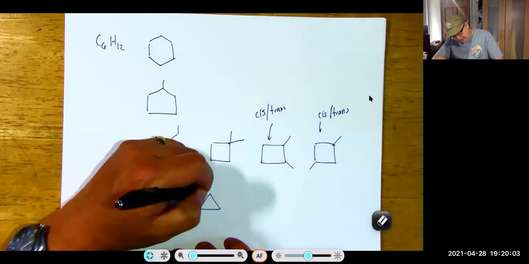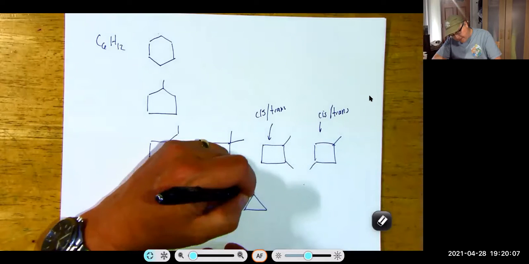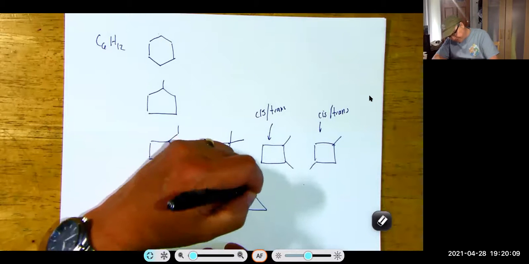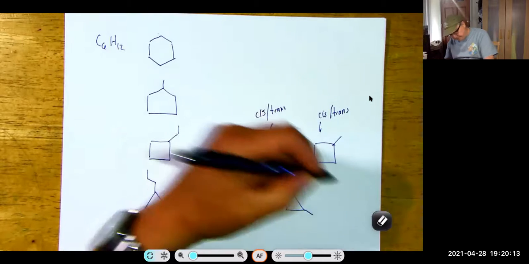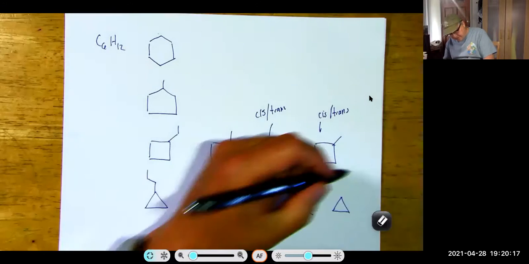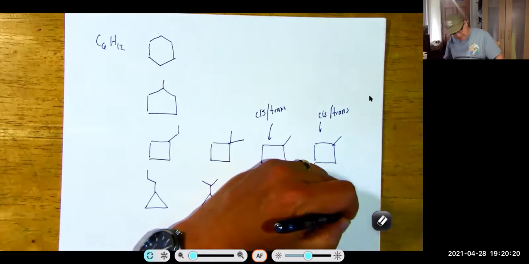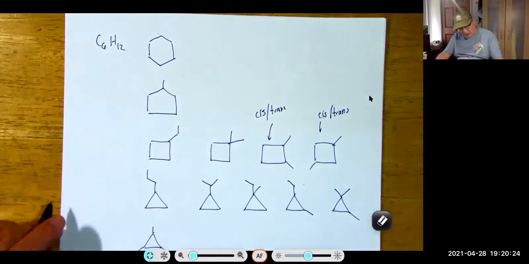We could have this. We could have this. We could have that. And we could have that. And we could have that. So there's quite a few.